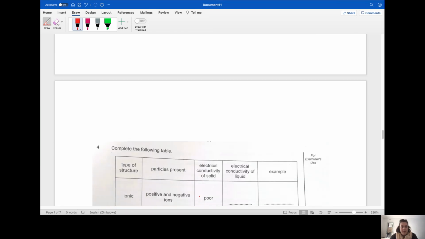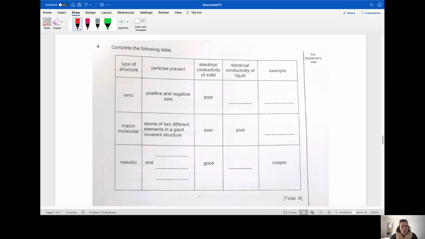Okay. Question 4 was all just learning your bonding, ionic bonding, macromolecular and metallic bonding. This was a very simple question. And a lot of people got it wrong, and I don't know why. So, ionic bonding. You've got positive and negative ions. It does not conduct when it's solid.